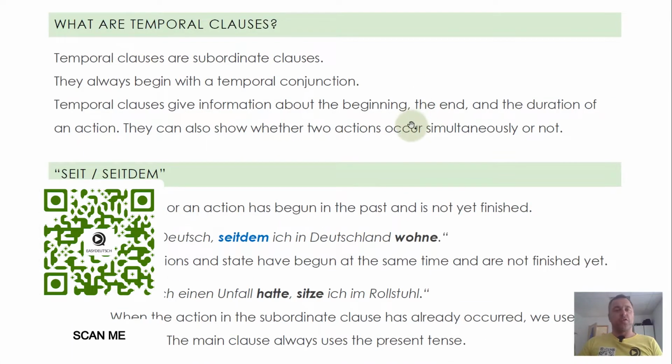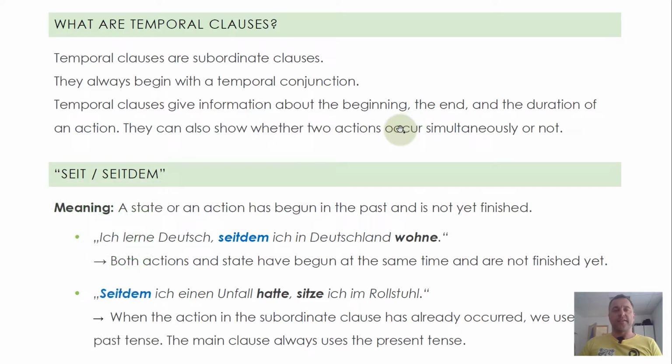First question, what are temporal clauses? Yes, they are subordinate clauses. We talked about this already. So verb goes to the very end of the sentence, and they also begin with the temporal conjunctions. And I guess you can already guess yourself what they're all about. They're all about time.